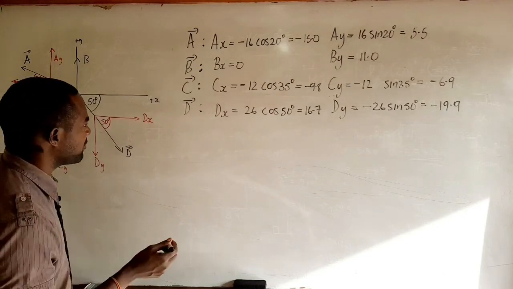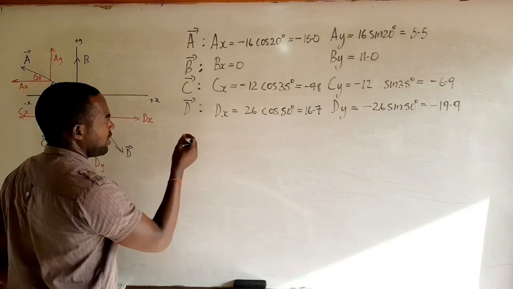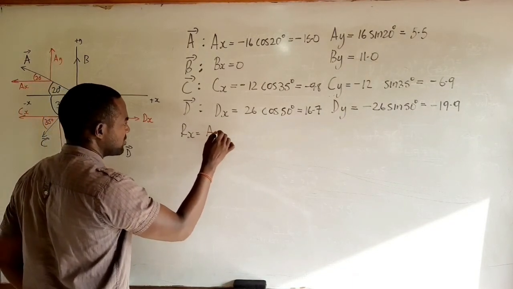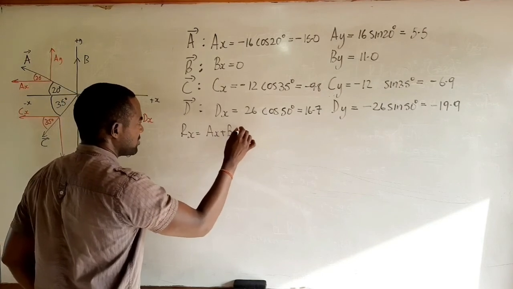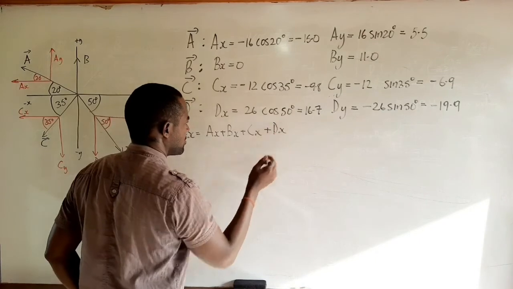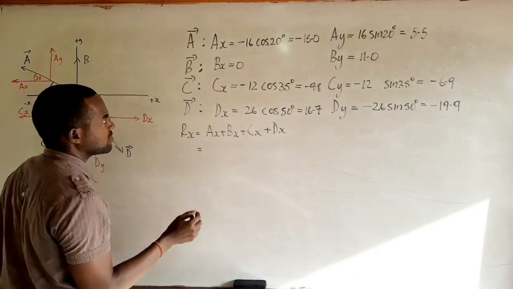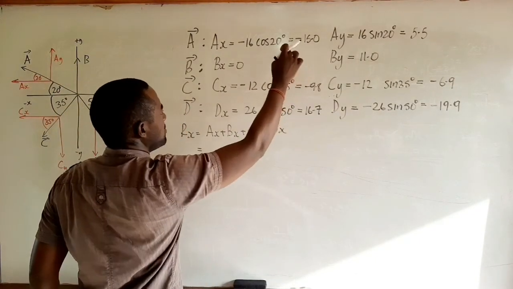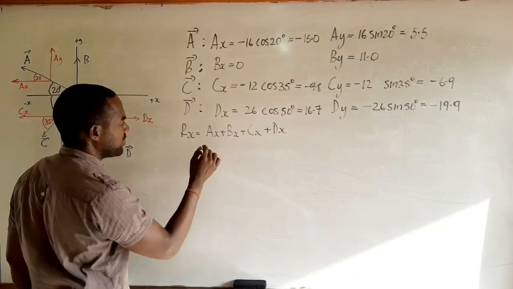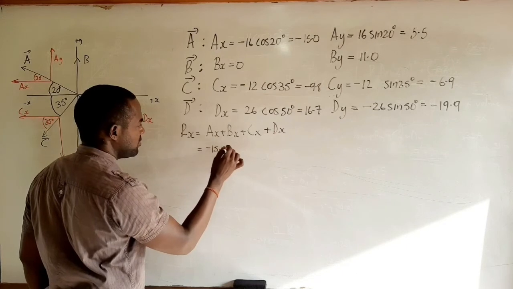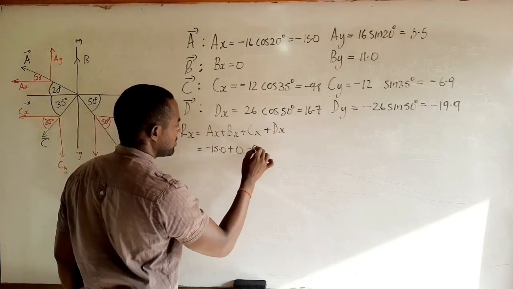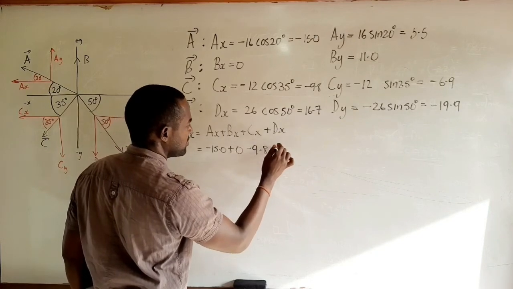So let's say Rx is equal to Ax plus Bx plus Cx plus Dx. And so this gives us minus 15.0 plus 0, plus minus 9.8 plus 16.7.